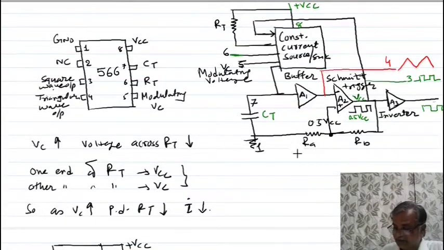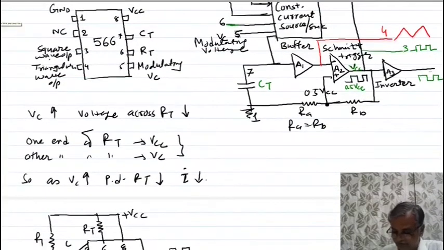The reason is that if I take RA equal to RB, then when the high voltage comes, the voltage here is 0.5 VCC. Listen again, this is the most important thing. When the high voltage comes, the voltage at this point will be 0.5 VCC if RA and RB are equal. If the low voltage comes, then the voltage at this point will be 0.25 VCC.